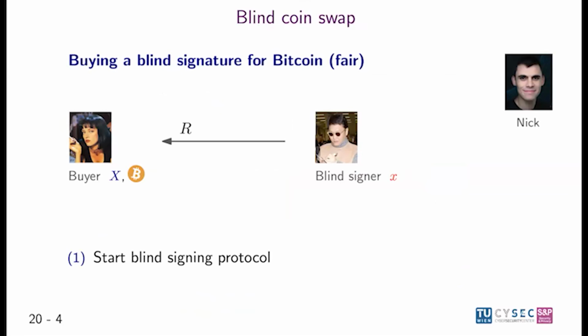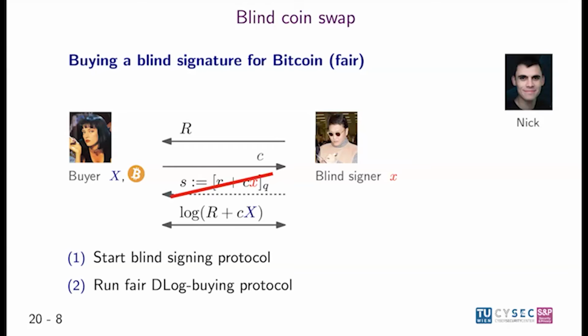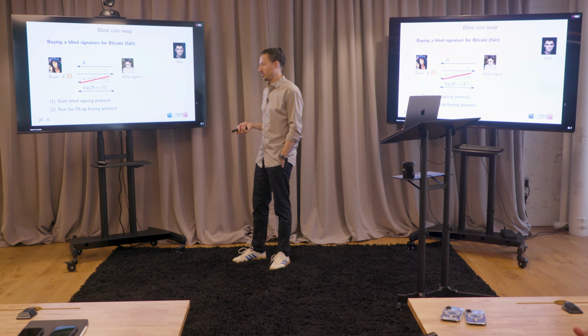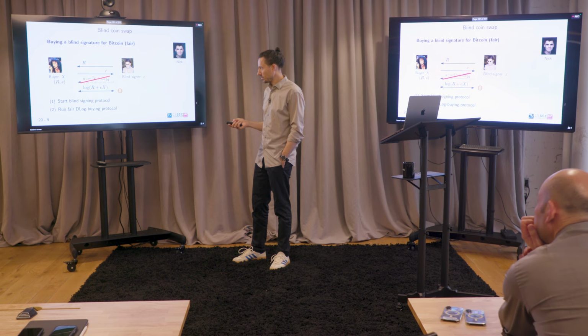So the blind signer sends his message R, the buyer sends her message C, and then the signer doesn't reply, otherwise the signature is gone and the Bitcoin is not there. Instead they run the protocol for buying this value S, and this value S is the discrete log of something that the buyer can compute. So as you can see, with Schnorr signatures you can simplify these anonymous coin swaps a lot.